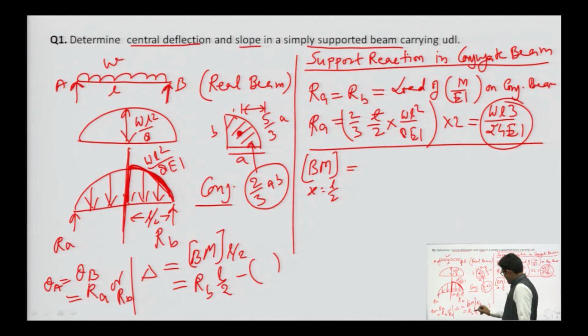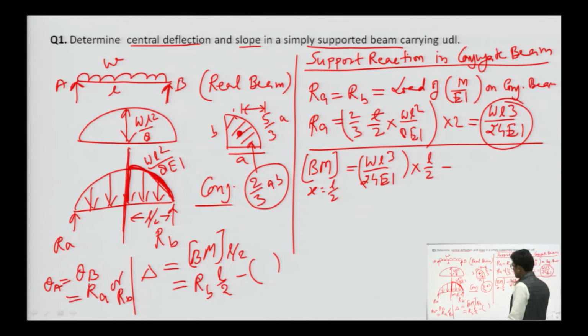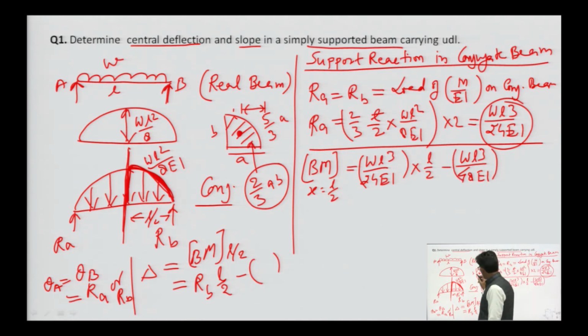Here it is, RB we have calculated WL cube upon 24 EI into L by 2 minus what will be the load? Load will be half of this, since this is one half part. So WL cube upon 48 EI, this is the load, and the distance, the CG, will be how much?